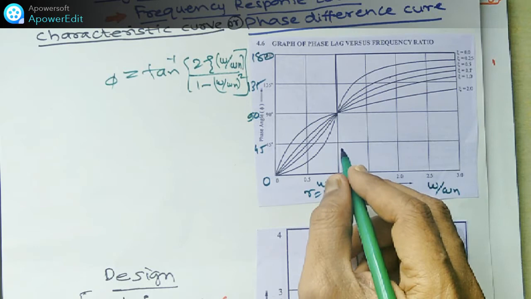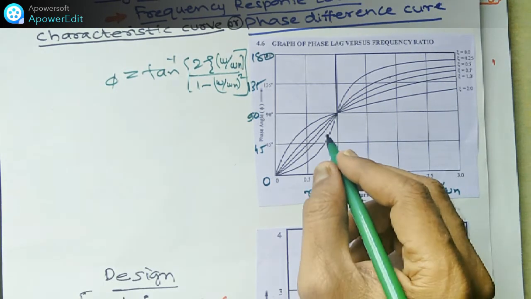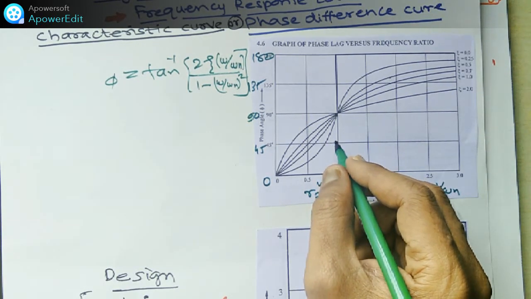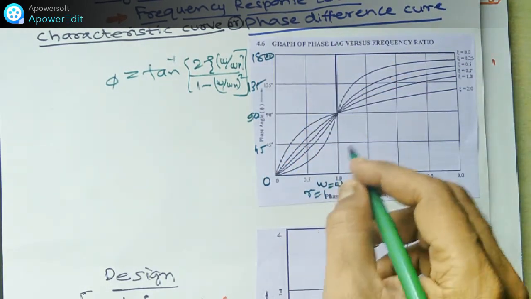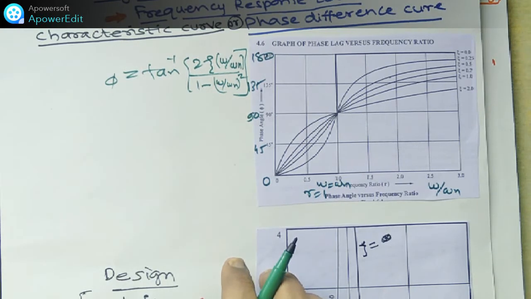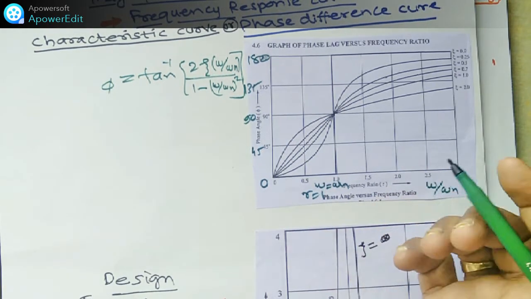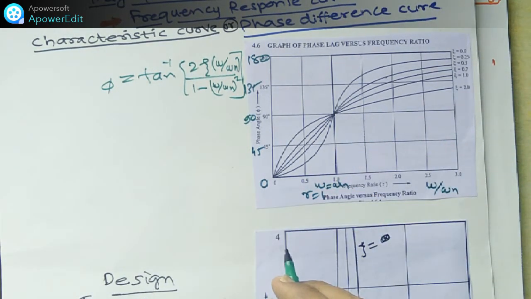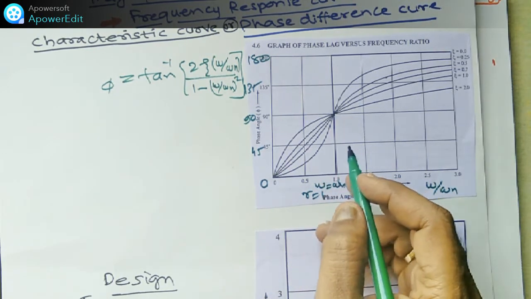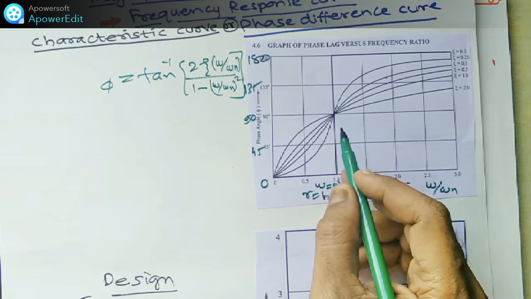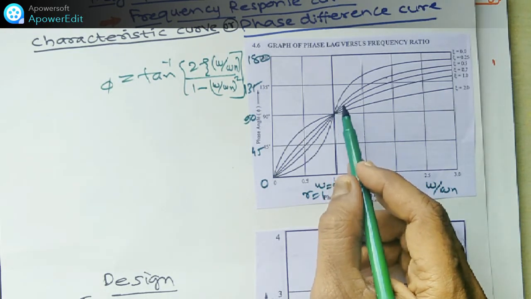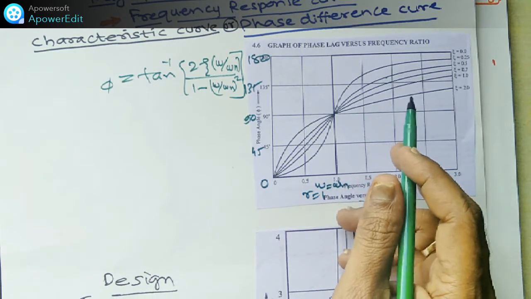In this case, the phase angle is 90. Damping does not have any effect on the phase angle in this case. At the resonance frequency, omega equal to omega n, the phase angle is 90, and damping does not have any effect on it. So at r equal to 0, the phase angle becomes 0.